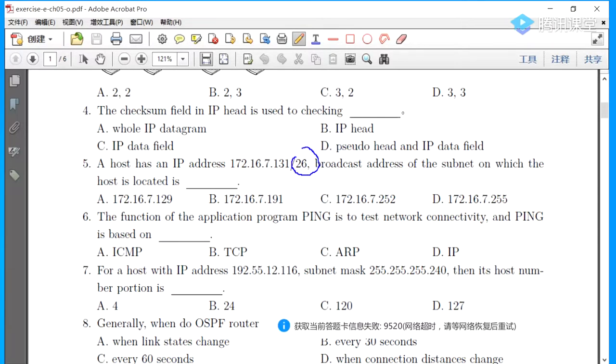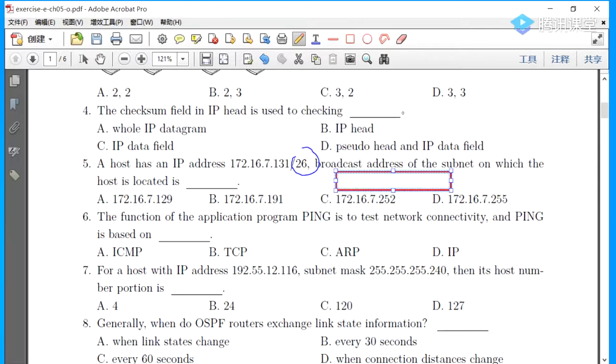From the /26, we know the boundary between the prefix and the host portion is located at the fourth byte, right?